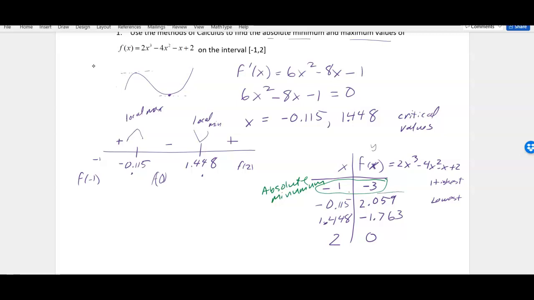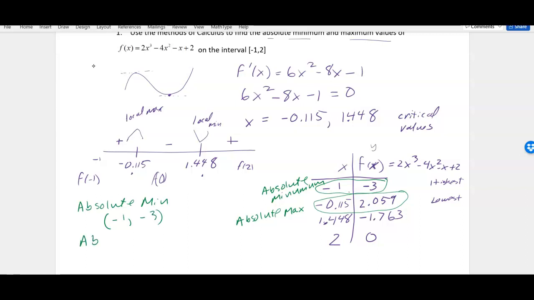So this here is my absolute maximum. So the answer to this question is the absolute minimum occurs at x equals -1, and the value is -3, so at the point -1, -3 on the function.